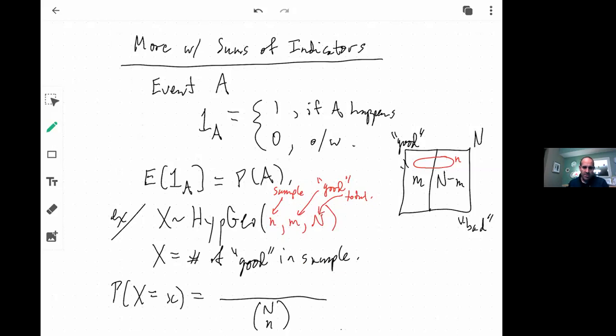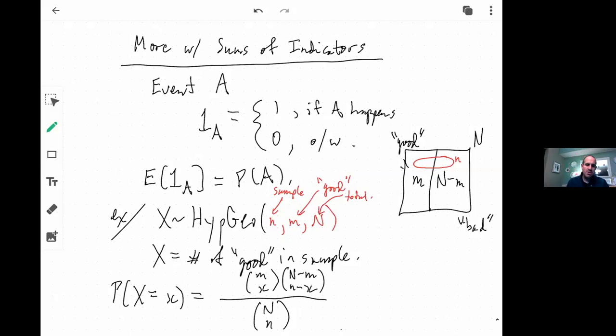And if I have little x good things, that means from the good side I chose x things. And from the bad side, there are N minus m on the bad side, and I chose n minus x things.